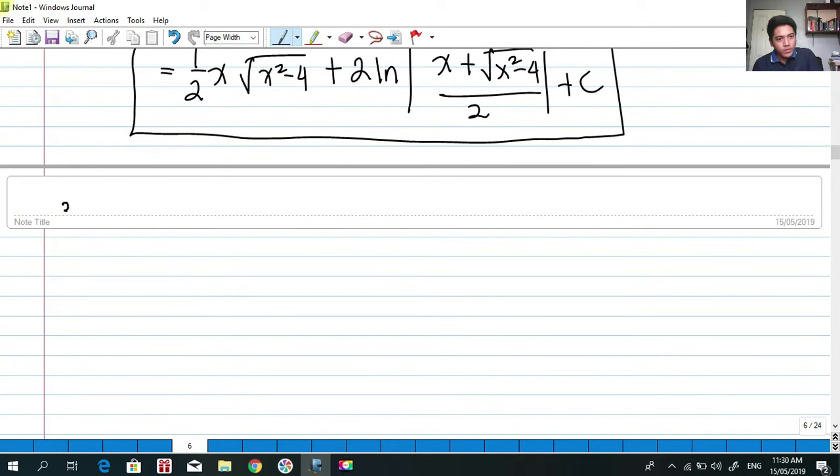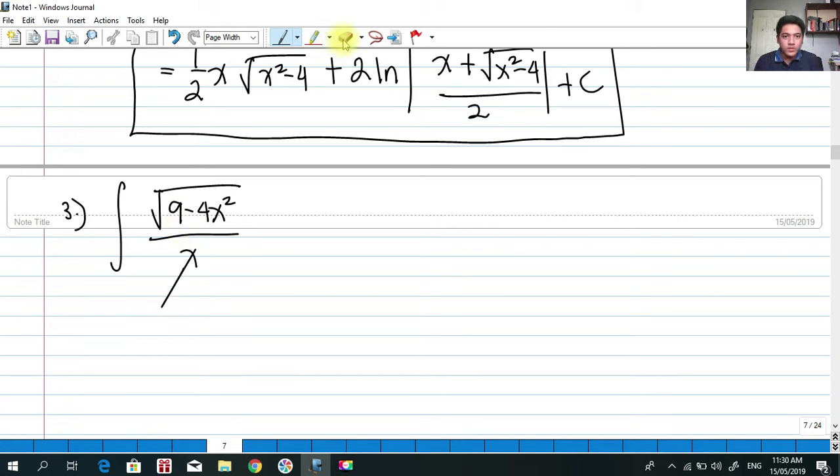Okay, for our third example, we have to get the integral of the square root of 9 minus 4x squared over x multiplied by dx. And again, we're going to look back on our formula a while ago.